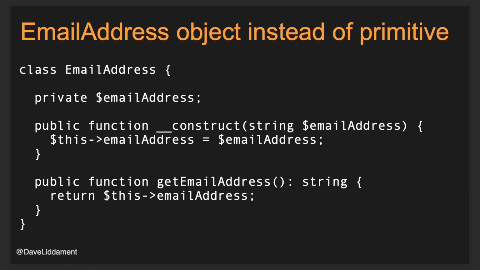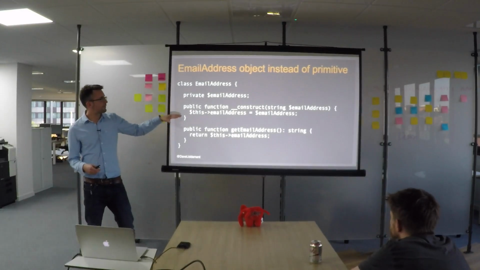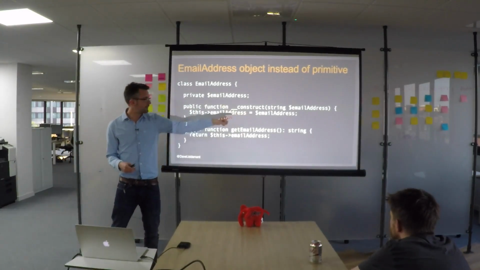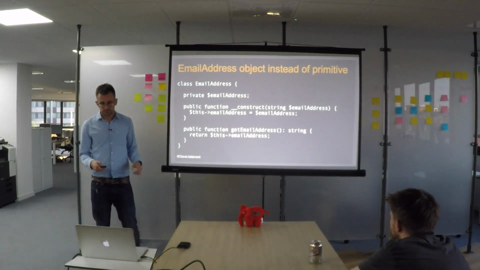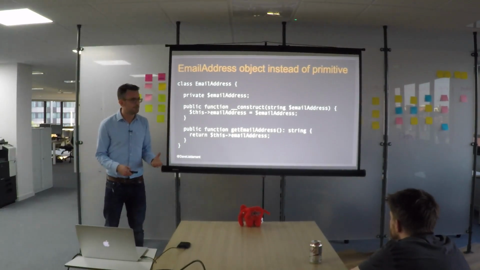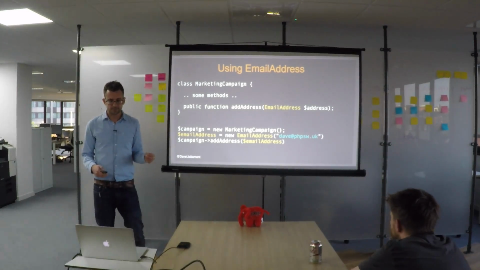We could create an object called email address and use this instead of one of the primitive types. So email address essentially is just a wrapper for a string. We construct it passing in a string, which is an email address, and then we've got one method here, which is get email address. So now if we look back at that code, we've updated a few bits. Now our add address method, instead of taking a string, it takes an email address object.